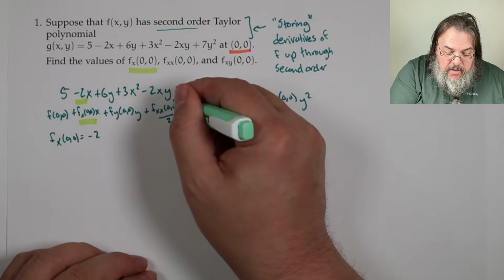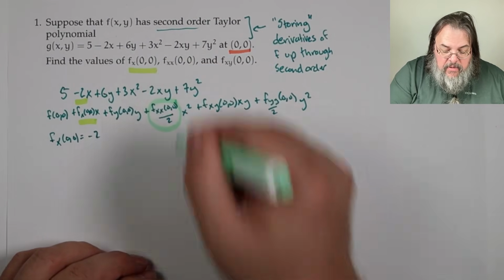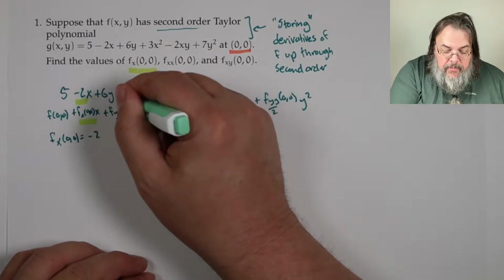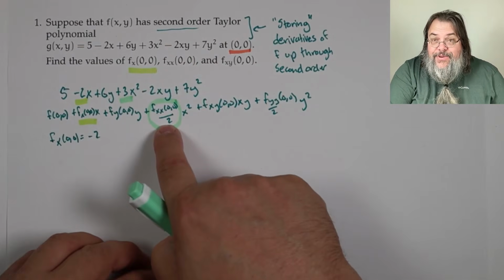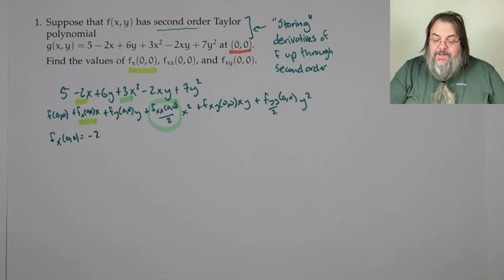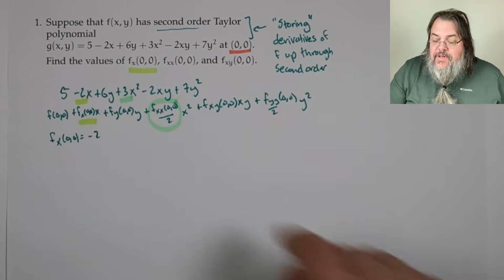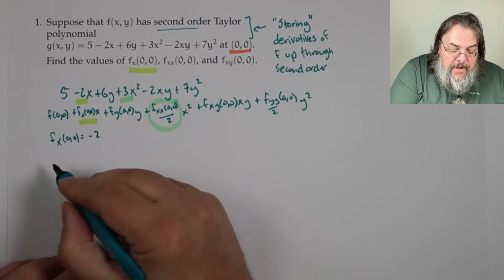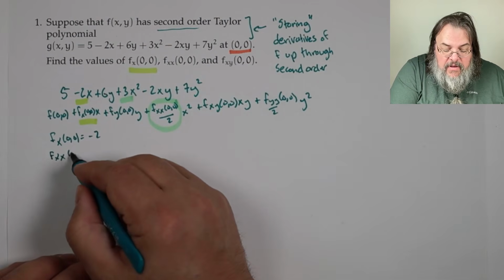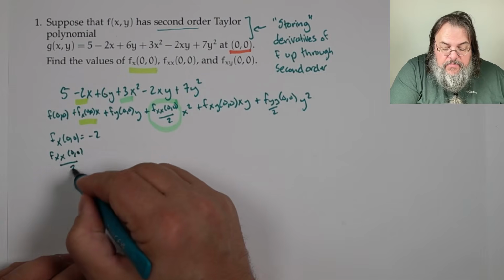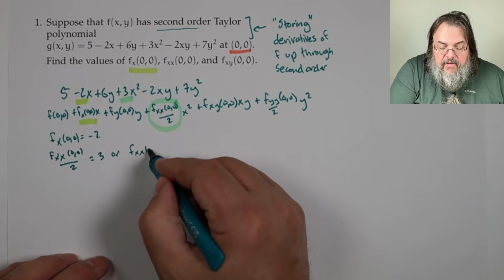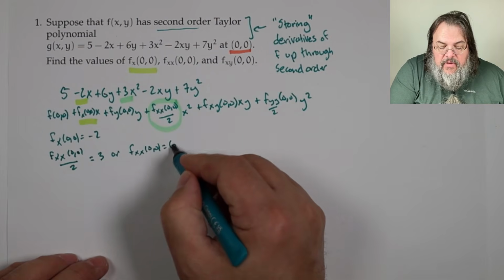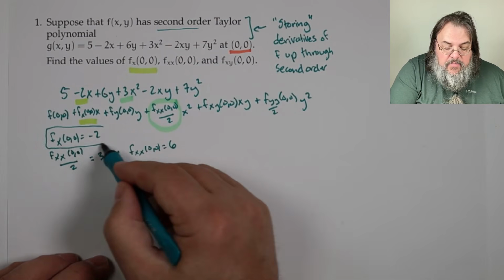Notice the coefficient of x squared is 3, and it should be f x x at 0, 0 over 2. So these match: f x x at 0, 0 over 2 is equal to 3, or f x x at 0, 0 equals 6. And we should mark these here.